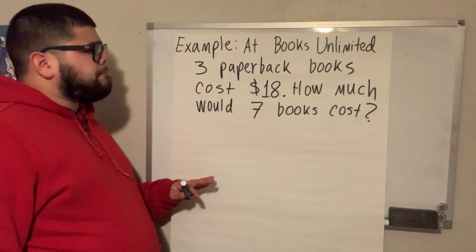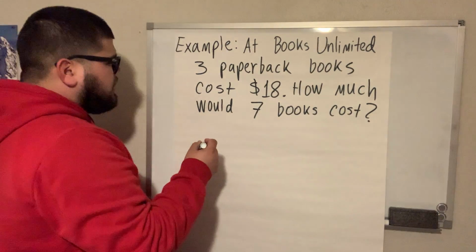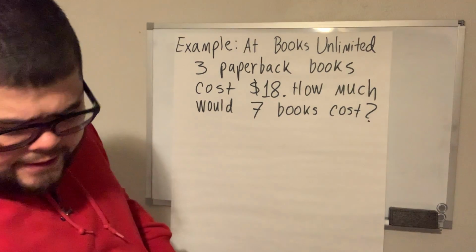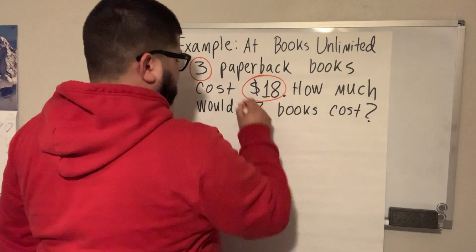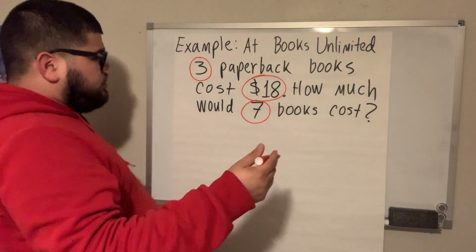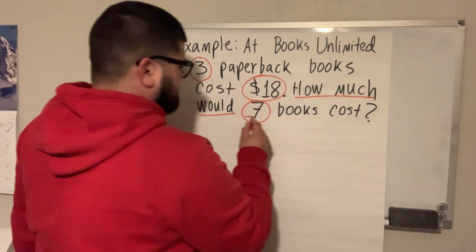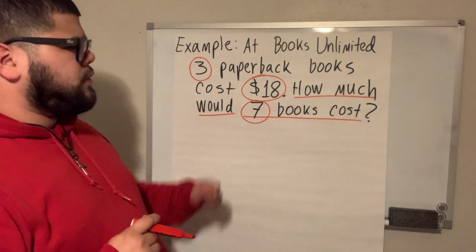Looking at this, we can see that all of our numbers are important, so we're going to circle our important numbers, which is 3, 18, and 7. U stands for underline the question. How much would 7 books cost? That's what we're trying to figure out.